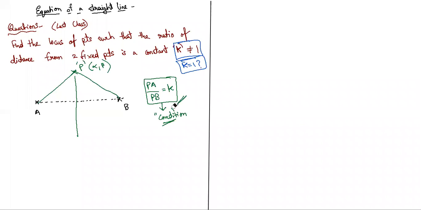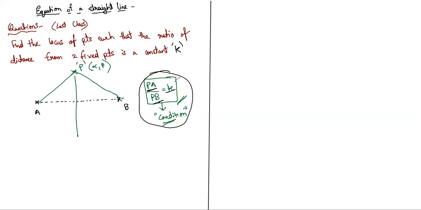You said the ratio of the distance is a fixed constant. Fine. Let us see what happens when k is not 1 and when k is 1. But do you agree that this is the condition? They told that the ratio of distance is k. This is the question I gave in the last class.